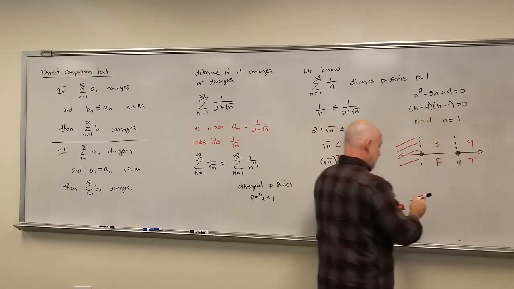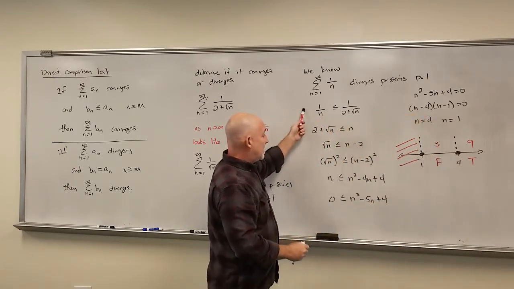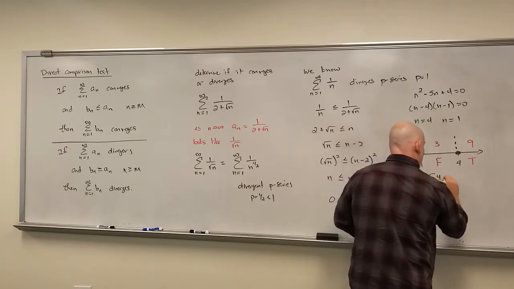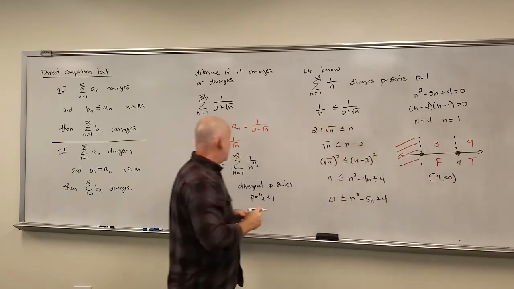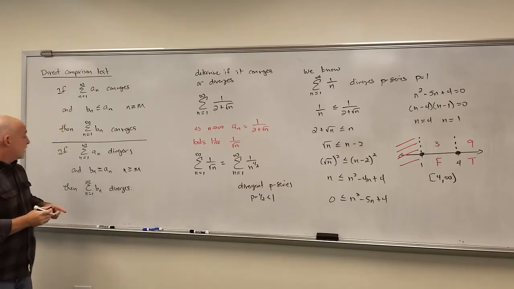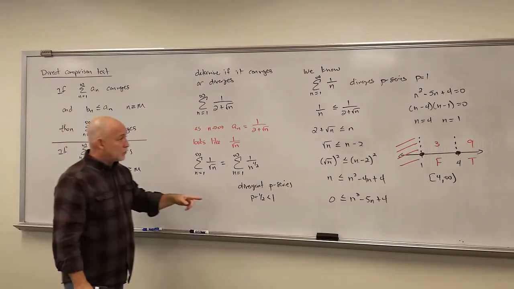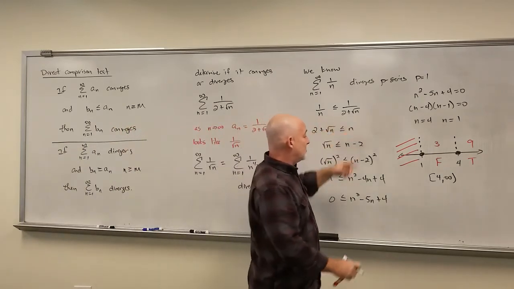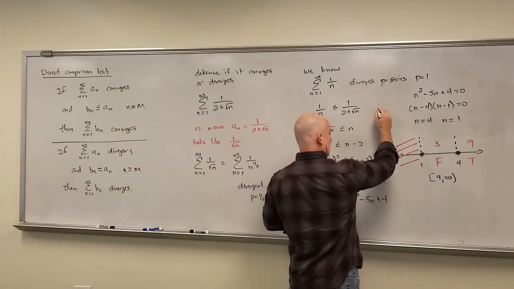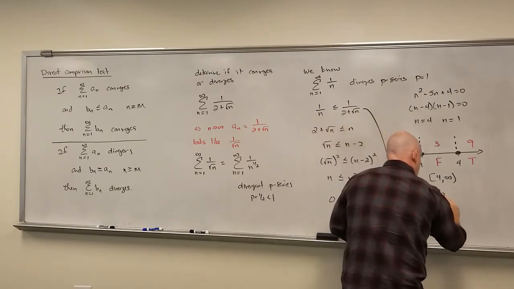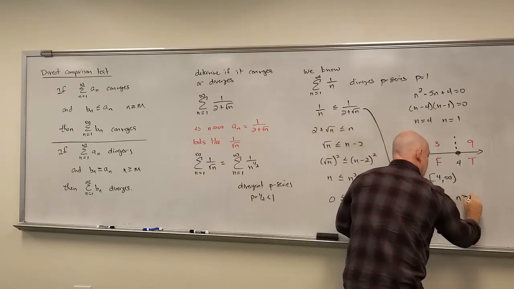So notice here, this inequality will be true as long as we are bigger than 4. So kind of like way back over here, we just got to say that it's true for some value and always after that. So this will be true for every n value greater than 4. So this is true for n greater than or equal to 4.